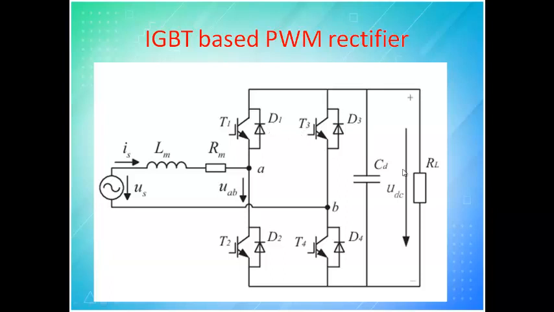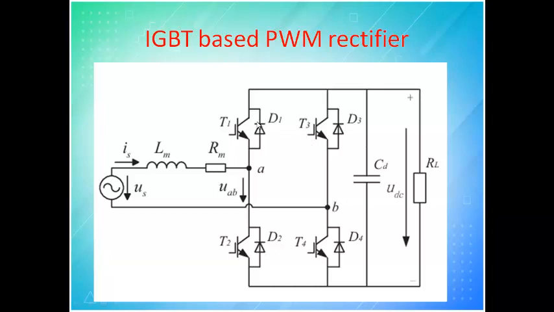Let us assume the load draws 10 amps. Due to this capacitor C, 10 into 5, so 50 amps. But you might not have put a MOSFET that can withstand 50 amps. In that case, at the first firing itself the device will burn or blow off. That is why we go for IGBT.